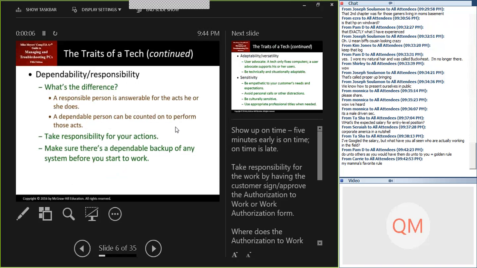A responsible person is answerable for the acts he or she does. A dependable person can be counted on to perform those acts. We want to be that in the workspace, right? Not to the point where you're picking cotton, but you get it. Don't let them take advantage to the point where they're using you, but you want to be dependable, but you also want to have good work-life balance.